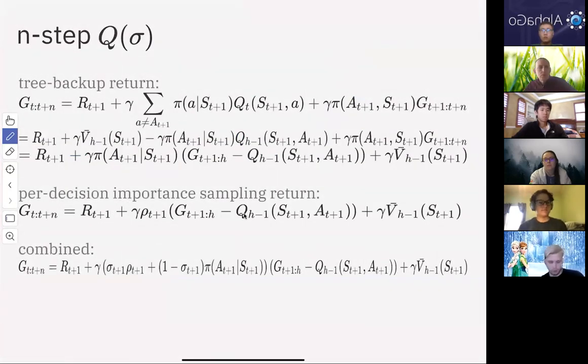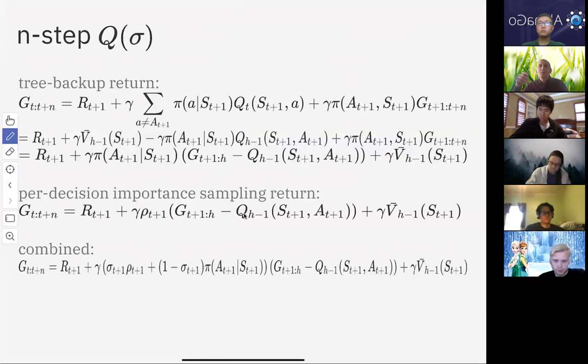So Q sigma is this combo approach that basically says we could combine, or interpolate, between tree backup and this per decision importance sampling.